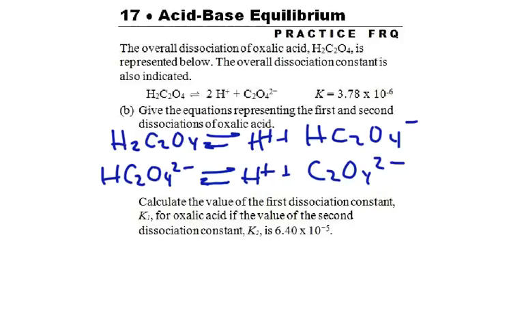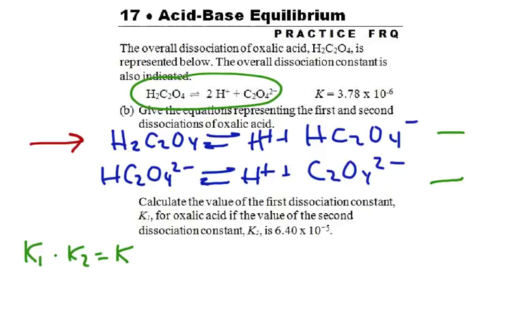Now the last part here is calculate the value of the first dissociation constant. So we want to know what is the value for that constant, and we already know that since we have 2 equations that add up to a third equation, so these 2 equations add up to be the overall equation, so therefore we know that the K1 times the K2 will equal the K. So we already know the value of K2, it's given in the problem.